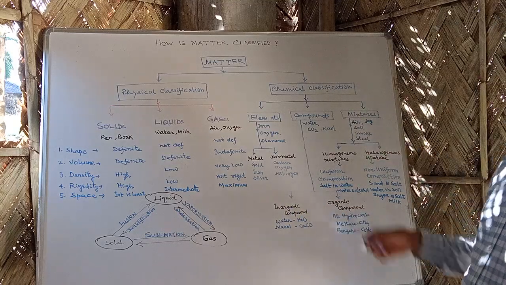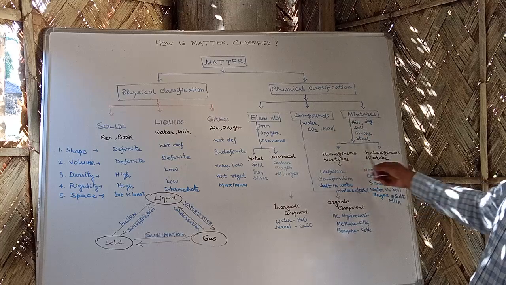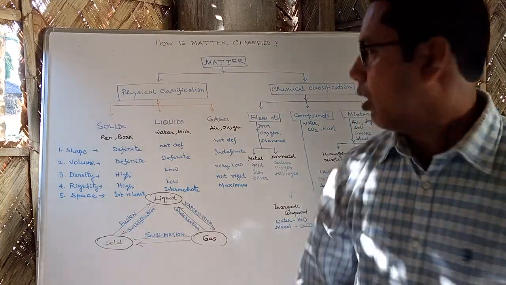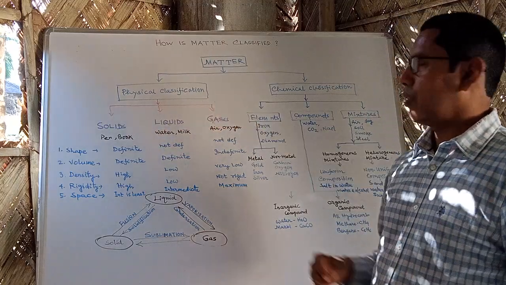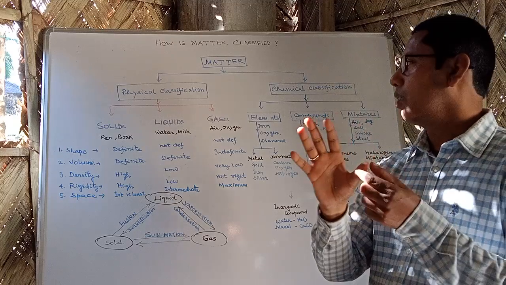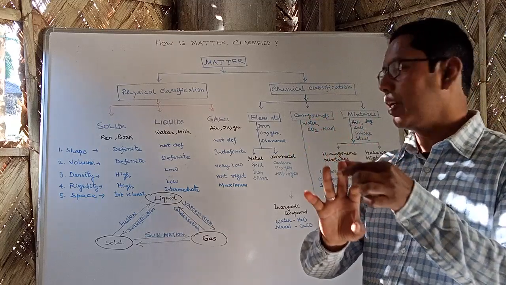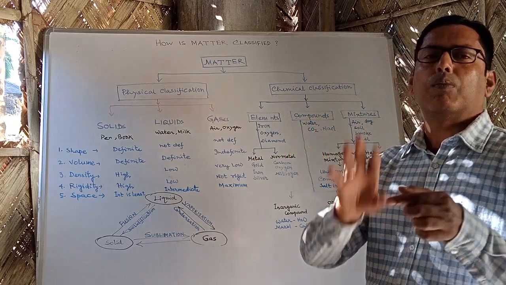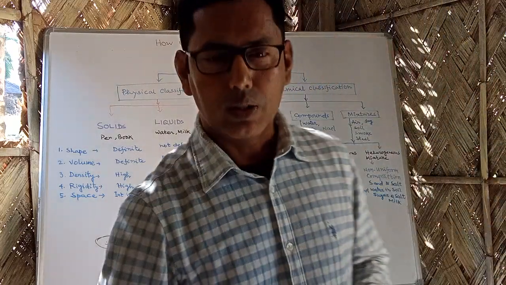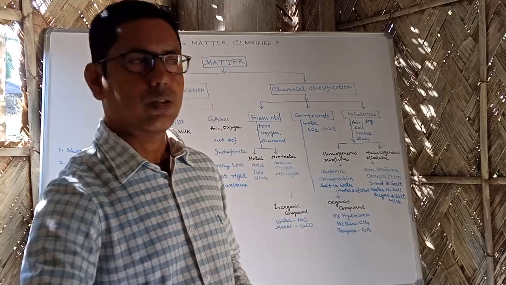Mixtures are of two types: homogeneous mixture and heterogeneous mixture. Okay, and on the basis of physical properties, states of matter are of five types: solid, liquid, gas, plasma and Bose-Einstein condensate.